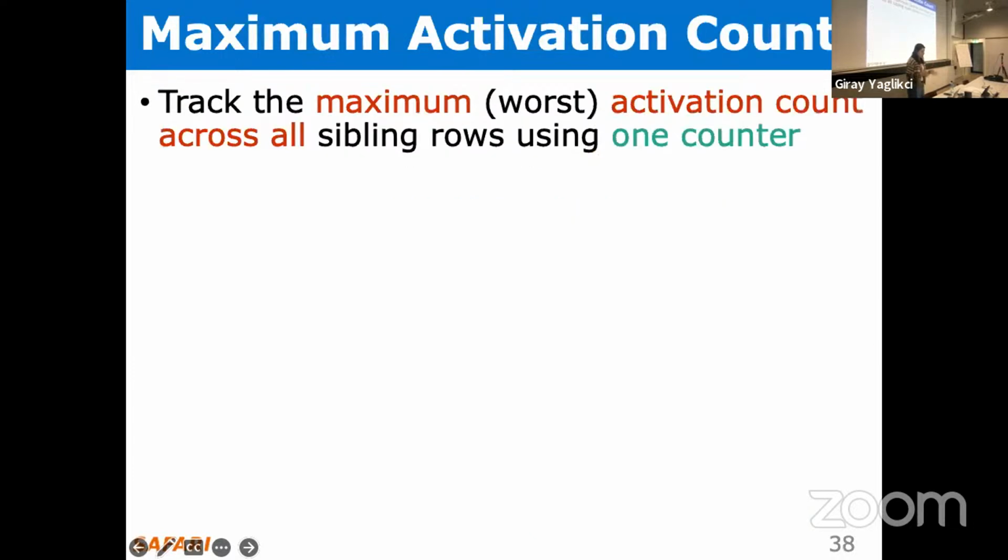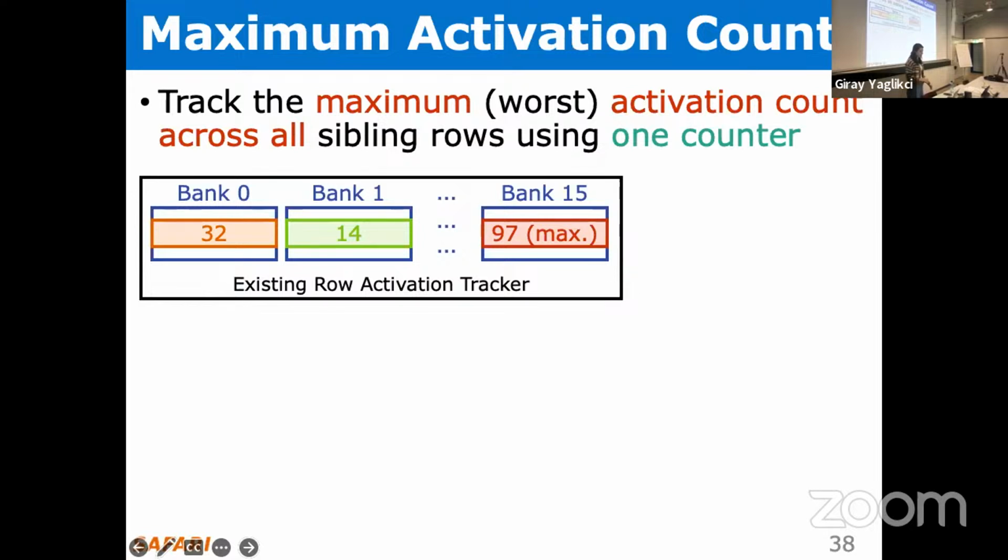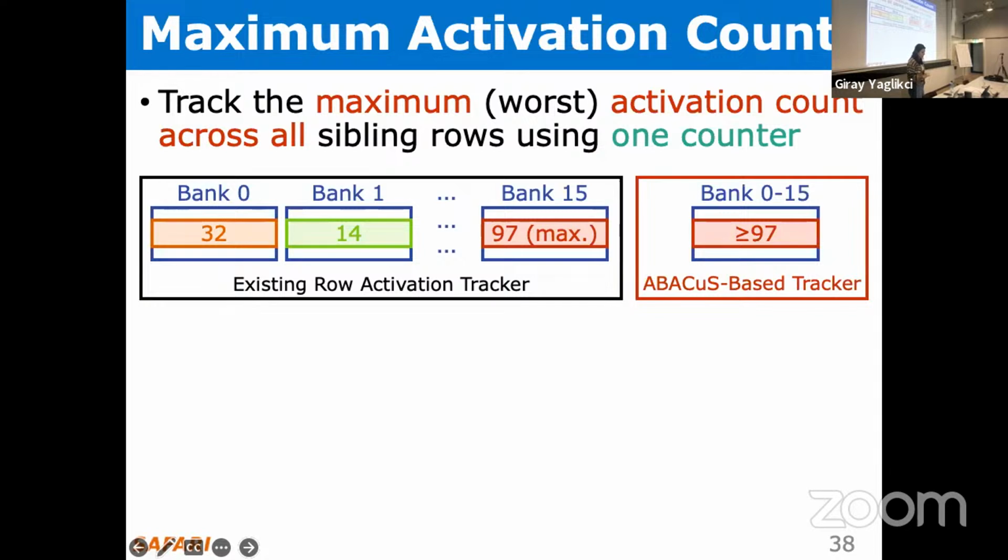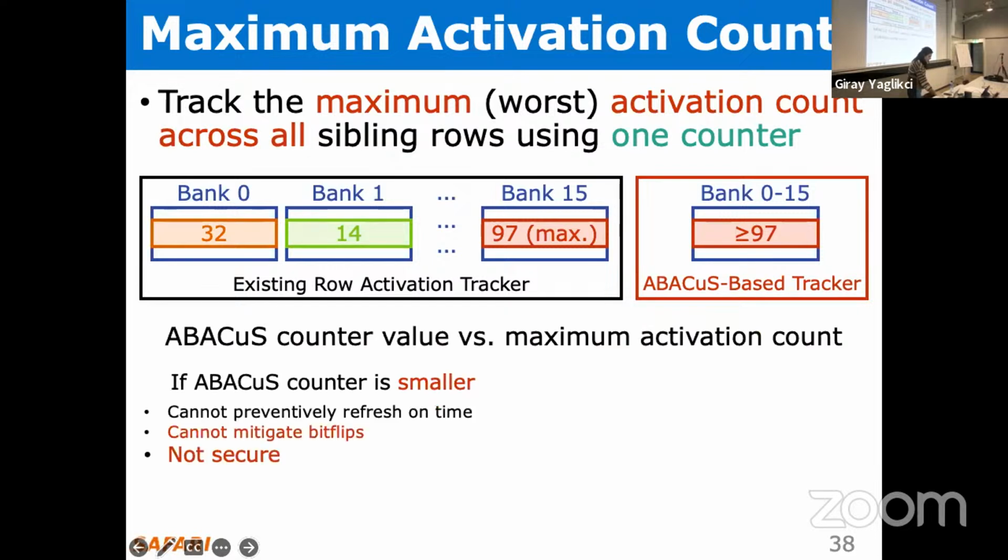And Abacus' objective is to track the maximum activation count across all sibling rows using just one counter. If, for example, the activation count of sibling rows look like this, then the Abacus counter value for the sibling rows will be equal to or larger than 97. Why? Because if the Abacus counter is smaller than the maximum activation count, we cannot mitigate bit flips.